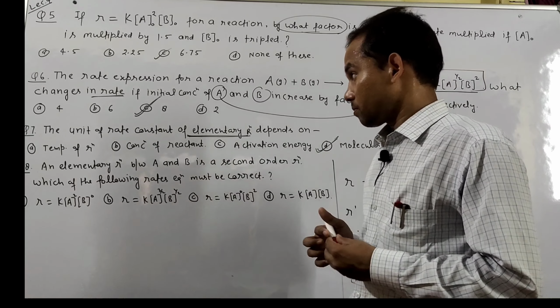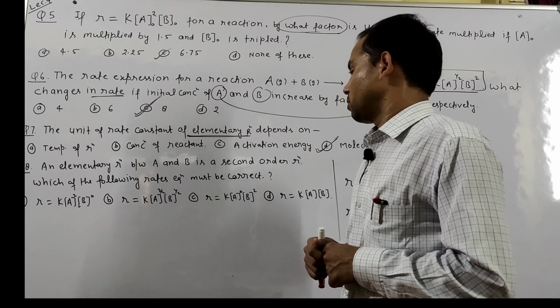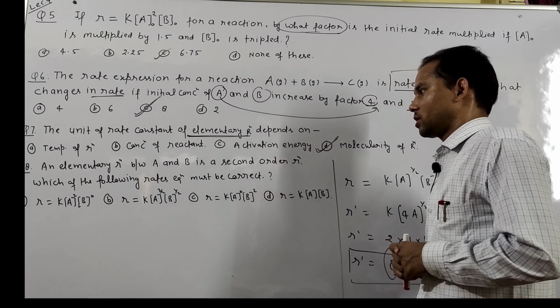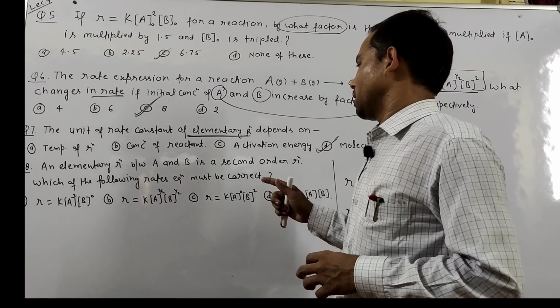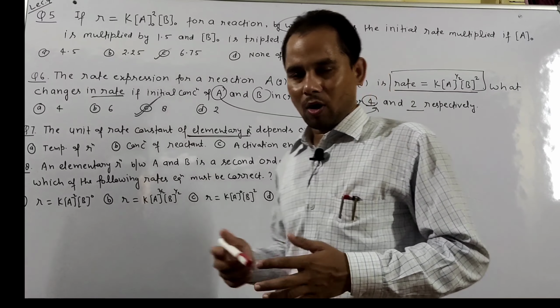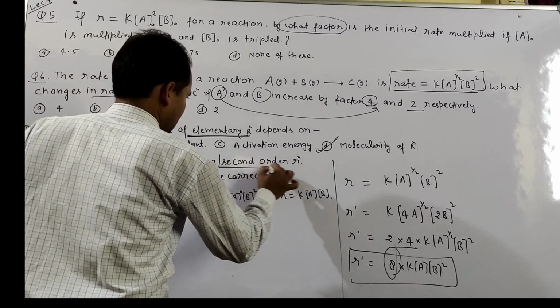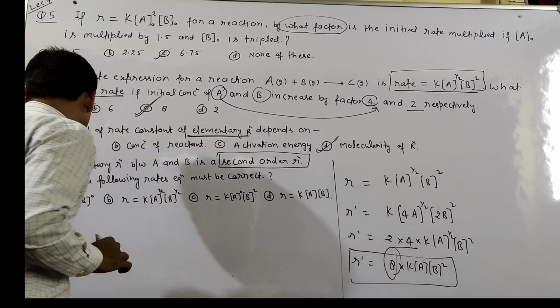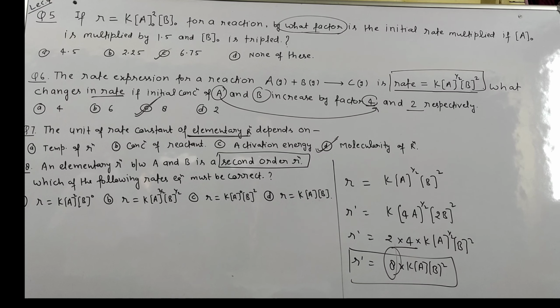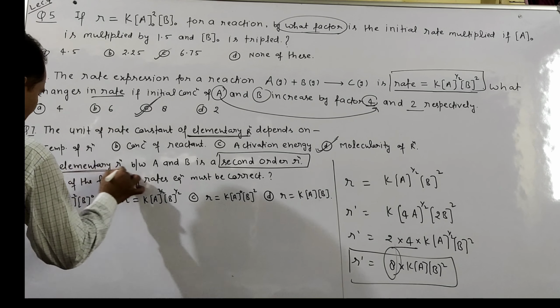Question number 8: an elementary reaction between A and B is a second order reaction. Which of the following rates must be correct? We are already given that this is a second order reaction, and this is an elementary reaction.